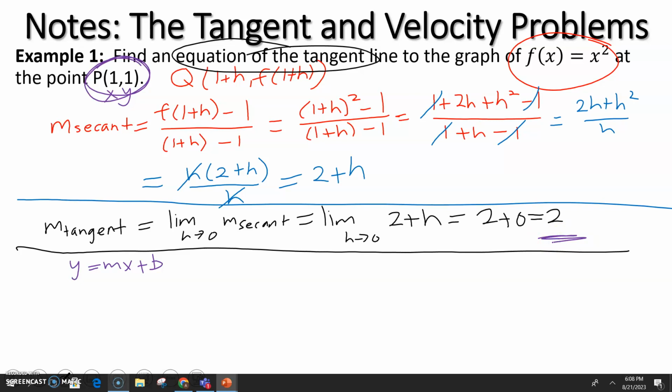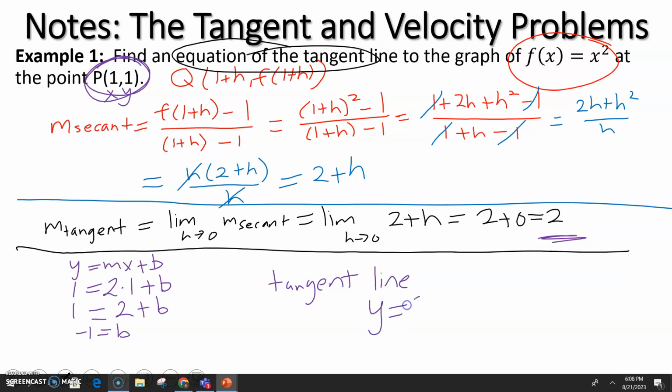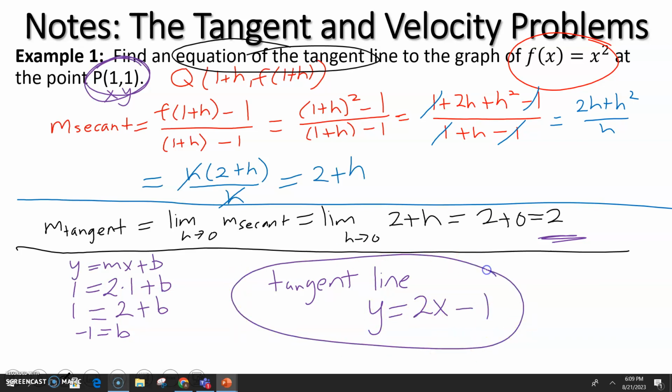So we plug in what we know: y is 1, m is 2, x is 1, and we're trying to find our y-intercept b. So we get 1 is equal to 2 plus b, or negative 1 is equal to b. Therefore, our tangent line has an equation of y equals 2x, that's our slope, minus 1.